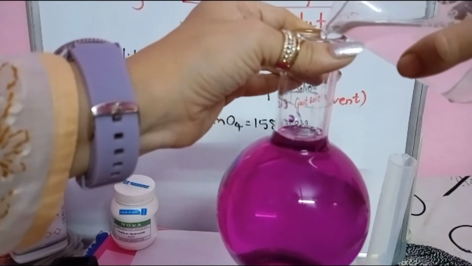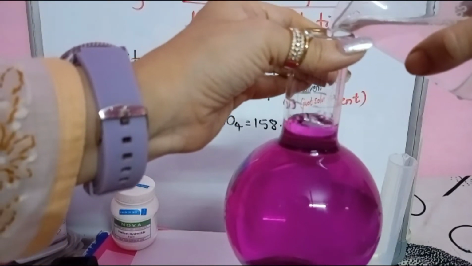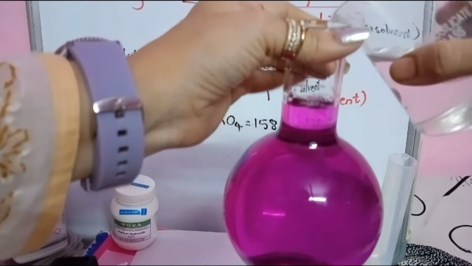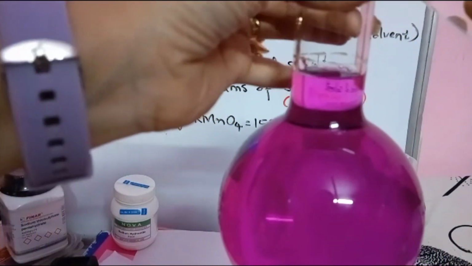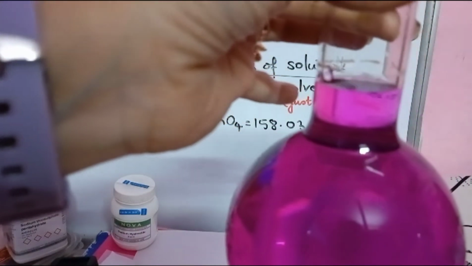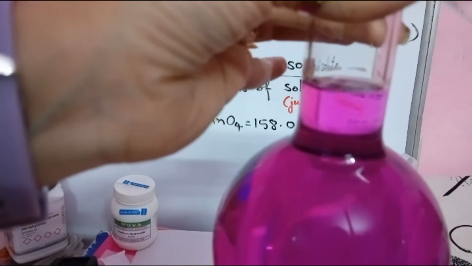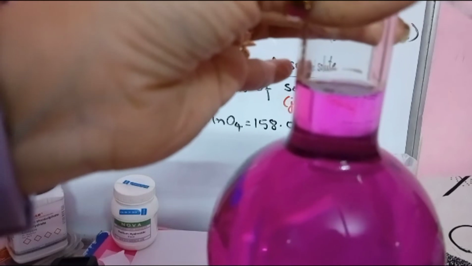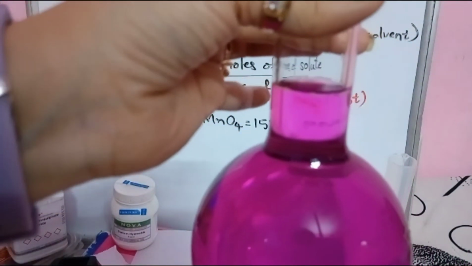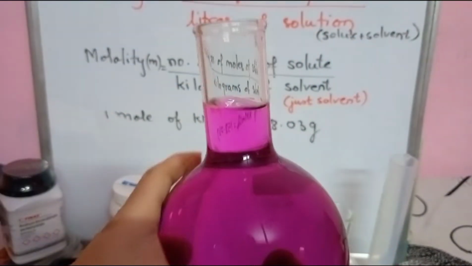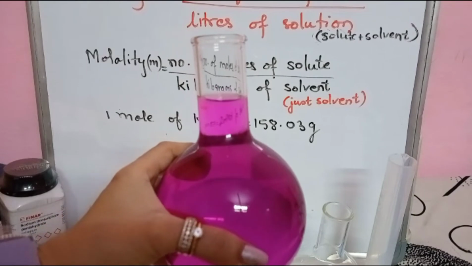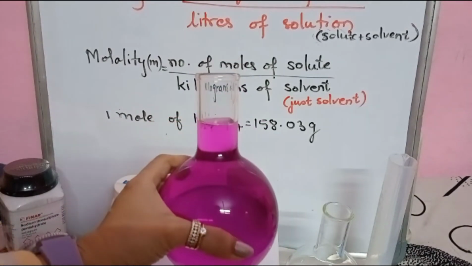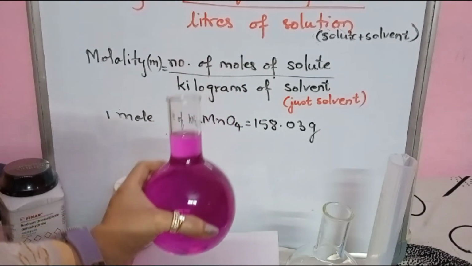You can see the mark, you can see the level. So what I have made is a 1 molar KMnO₄ solution, a 1 molar potassium permanganate solution.